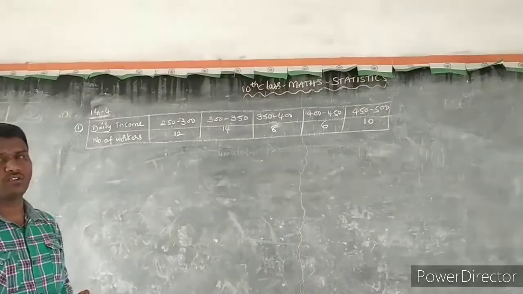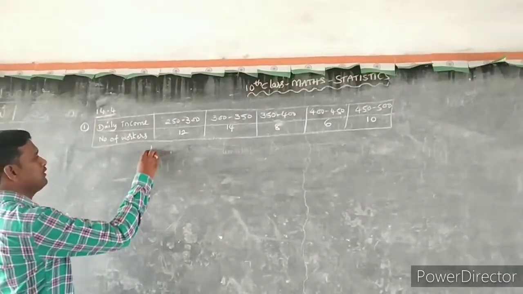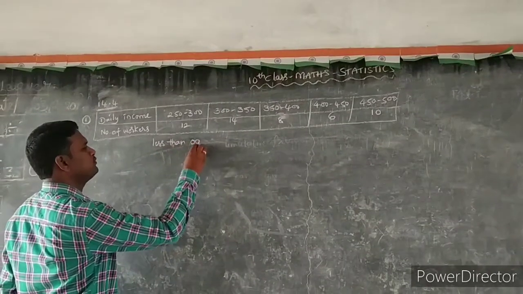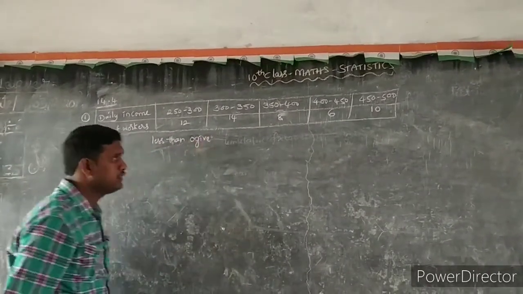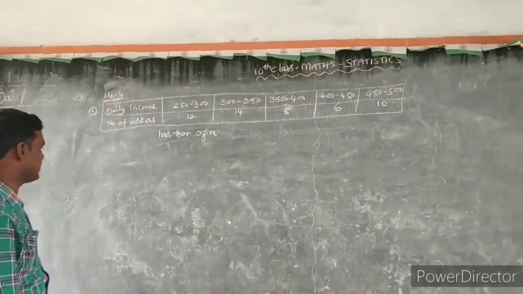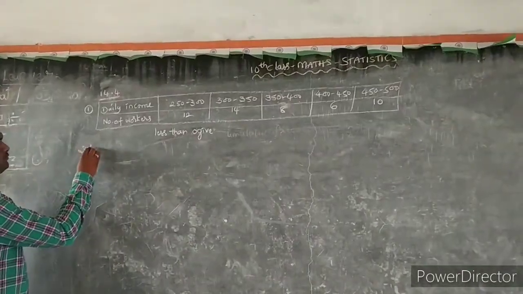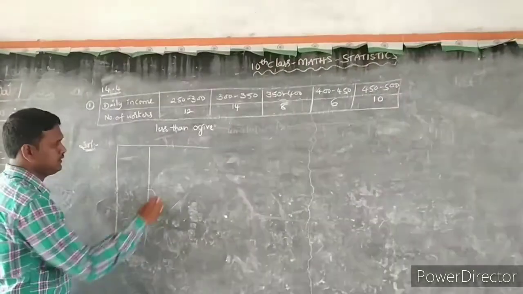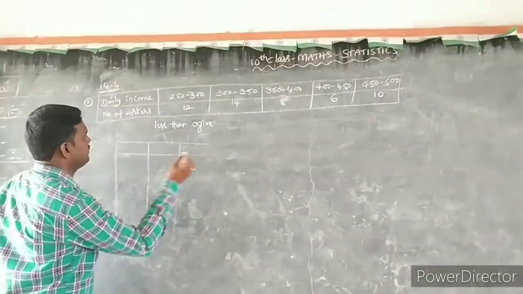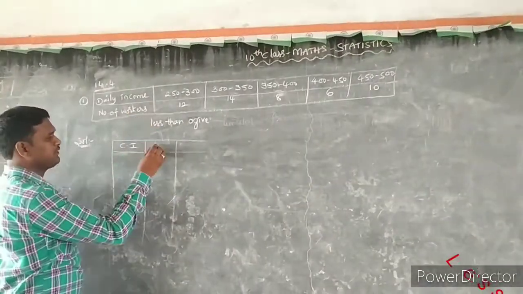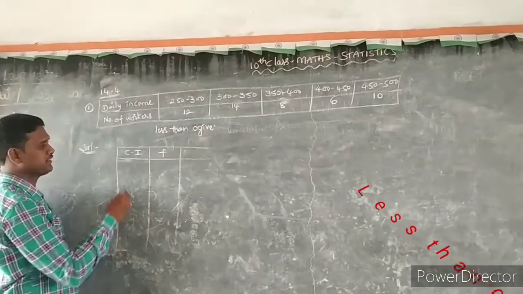We need to find out less than ogive. To draw the less than ogive, we need a distribution table. Already given income can be taken as class intervals, number of workers taken as frequency.